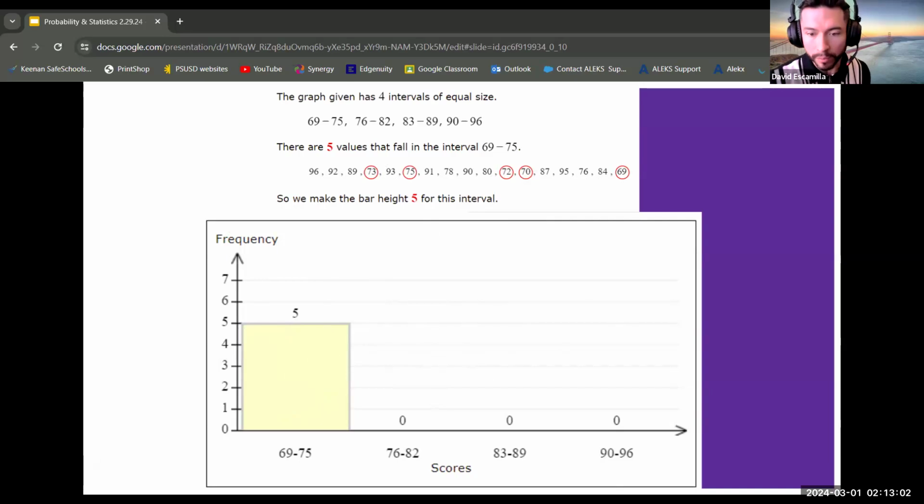Let me see if I can use a pointer just to make sure. So that is for the first interval. We need to do the same thing for the second interval, which is 76 to 82. So we do have 1, which is the 78 over here, 2 over here, the 76.